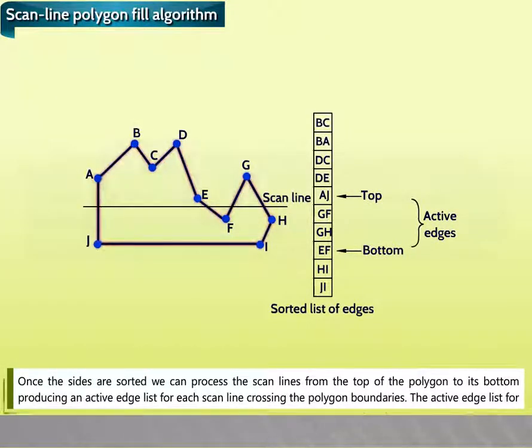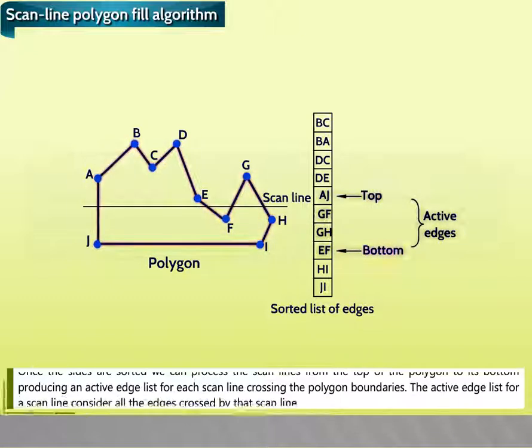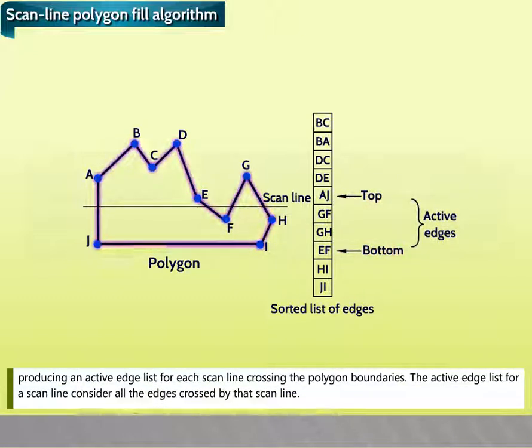Once the sides are sorted, we can process the scanlines from the top of the polygon to its bottom, producing an active edge list for each scanline crossing the polygon boundaries. The active edge list for a scanline contains all the edges crossed by that scanline.